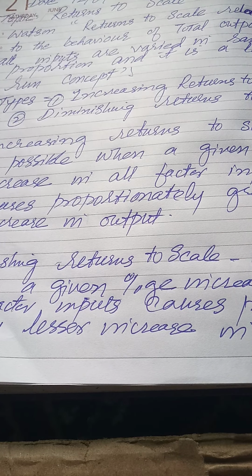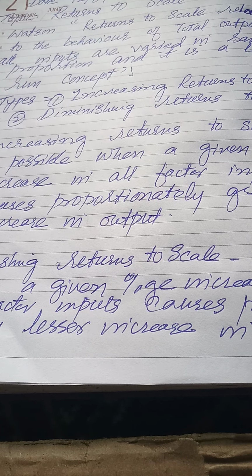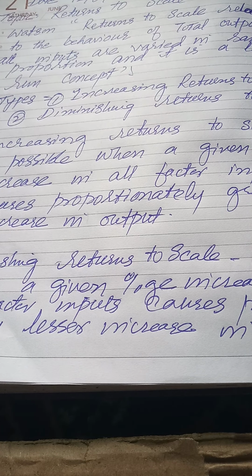Then we have another concept, that is diminishing returns to scale. Diminishing returns to scale is possible when a given percentage increase in inputs will cause a proportionately lesser increase in output. So diminishing returns to scale is the reciprocal of increasing returns to scale.